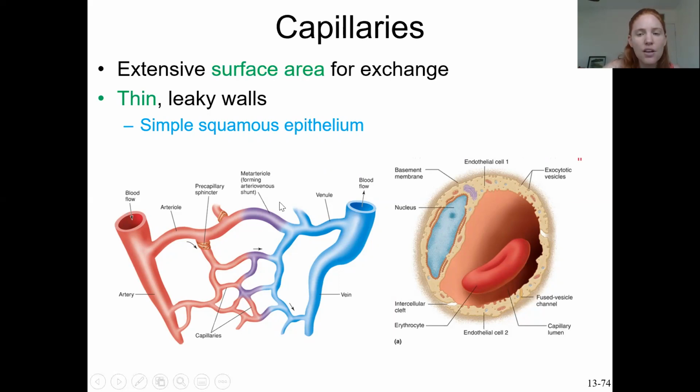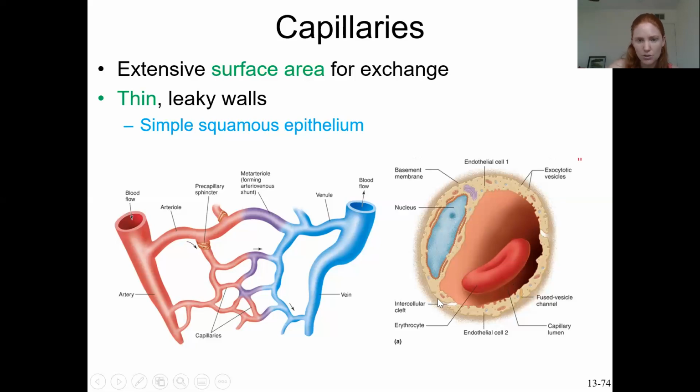Okay, the other thing that helps with exchange is the fact that those capillary beds are very, very thin. Instead of having those thick layers, they don't have any tunica media, they're just the tunica intima. So they just have simple squamous epithelium with a little layer of connective tissue surrounding it for protection. Right? So very, very thin, makes it very easy for oxygen and nutrients and carbon dioxide to pass through the cell walls of those simple squamous epithelial cells.